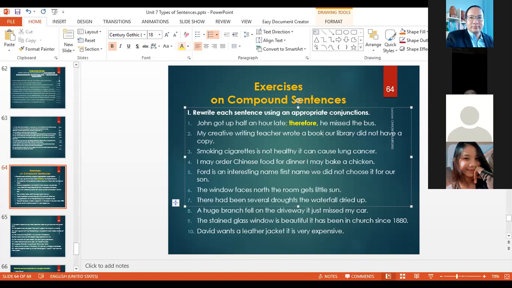Semicolon, however, comma, right? And another that means the same is nevertheless. Okay. On the other hand. Okay. So on the other hand means the same as but. Okay. How about number three?